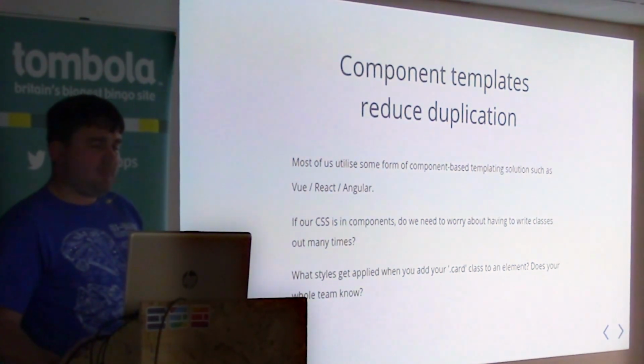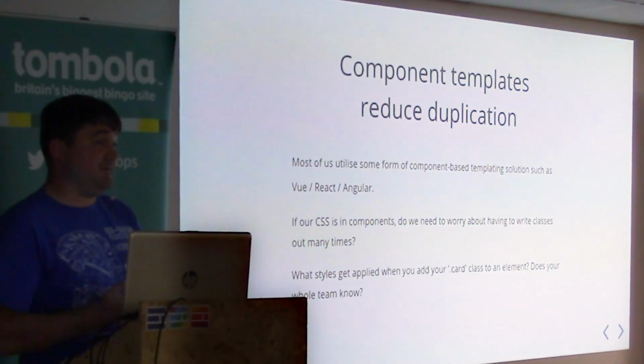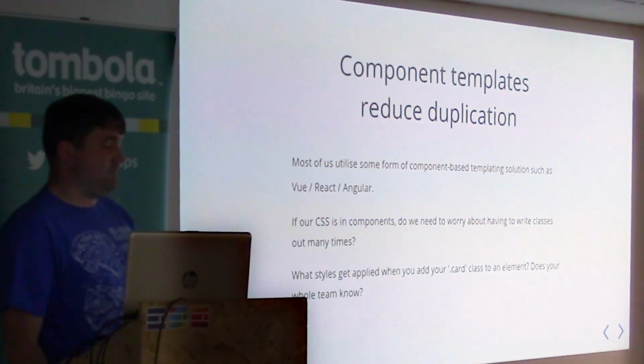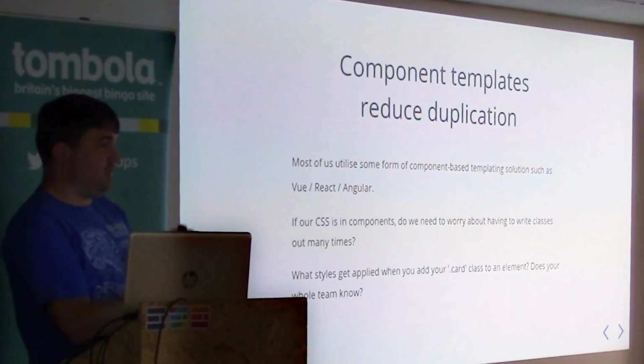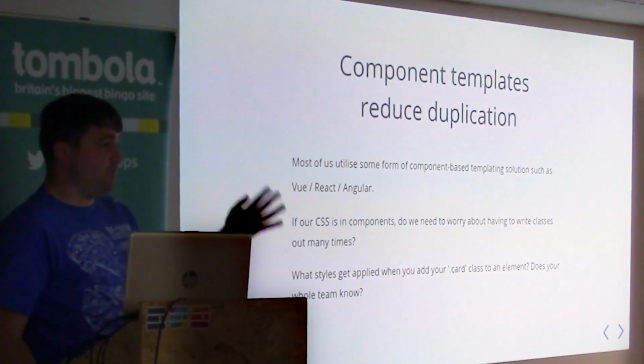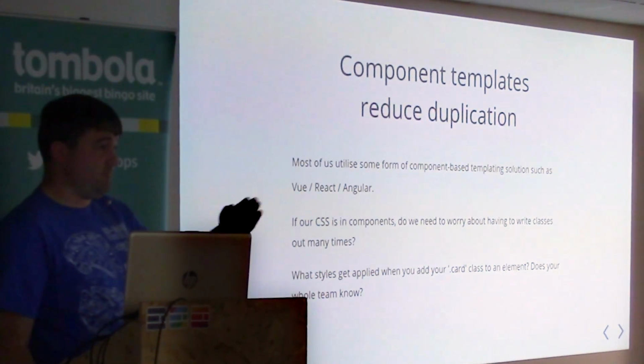However, if you use a component-based templating system such as Vue.js, React, or Angular, backend frameworks have template engines, usually with some sort of component system in them. And Laravel Blade has its component directive now with slots, so you can utilize that.